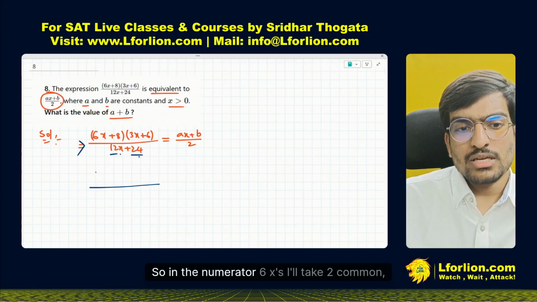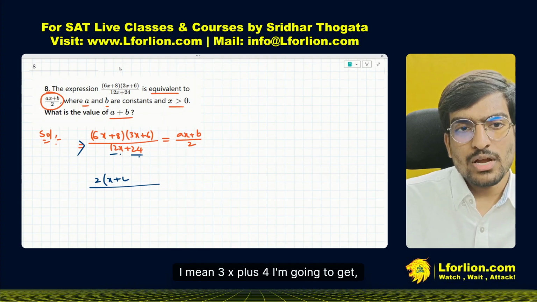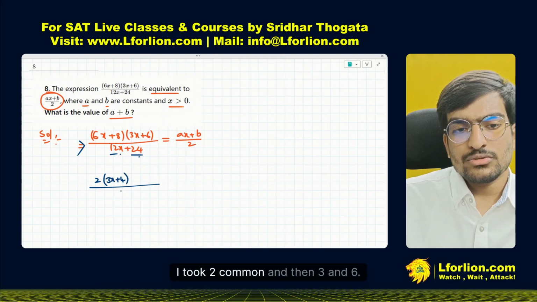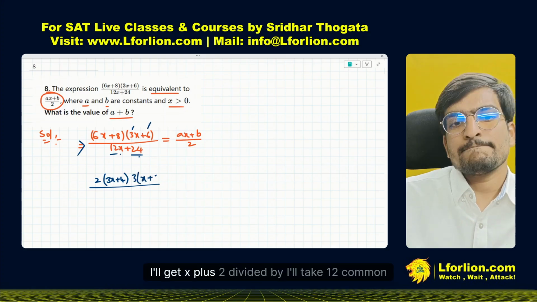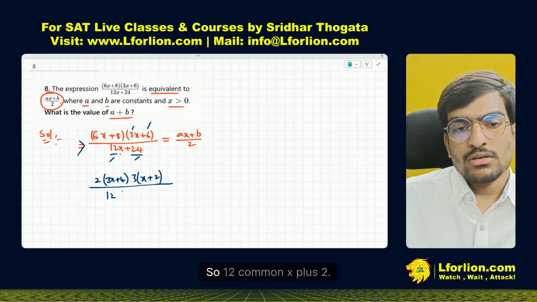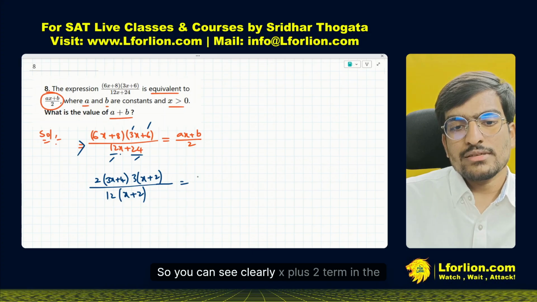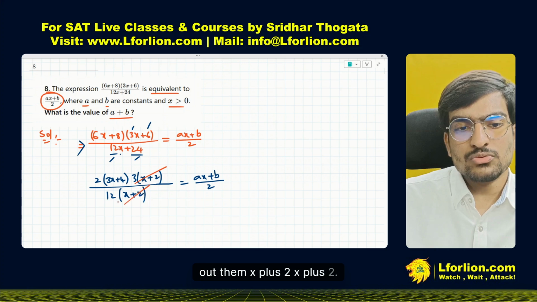In the numerator, from 6x plus 8 I'll take 2 common, I'll get 3x plus 4, and from 3x plus 6, I'll take 3 common, I'll get x plus 2, divided by 12 times x plus 2. You can see clearly the x plus 2 terms in the numerator and denominator are the same, so we can cross them out.